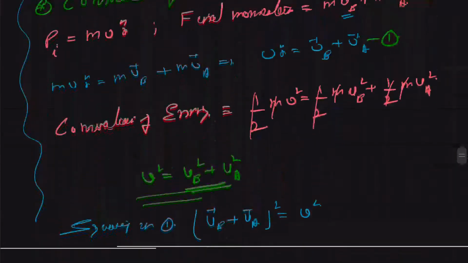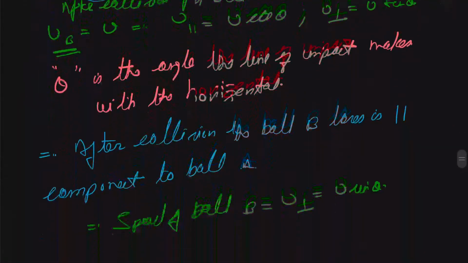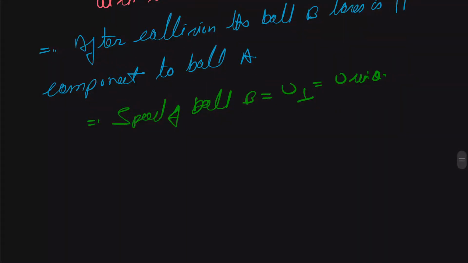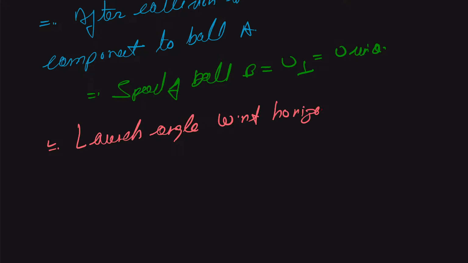And here let me correct one thing. This angle we are going to take as alpha, because theta we have taken as the angle of the line of impact. Therefore we can say that the launch angle with respect to the horizontal is, suppose, alpha, and that alpha will be equal to 90 minus theta.